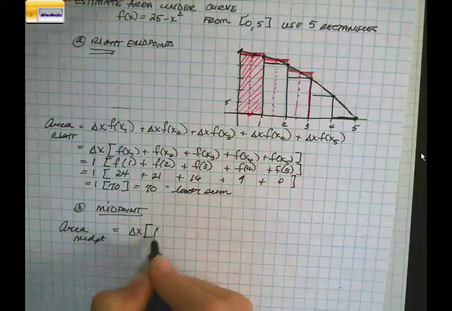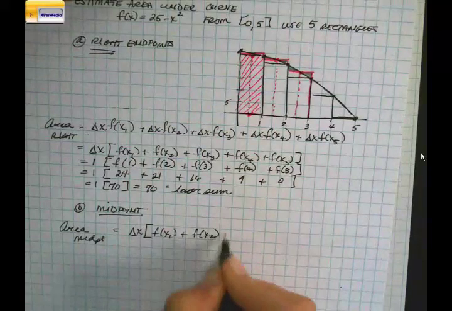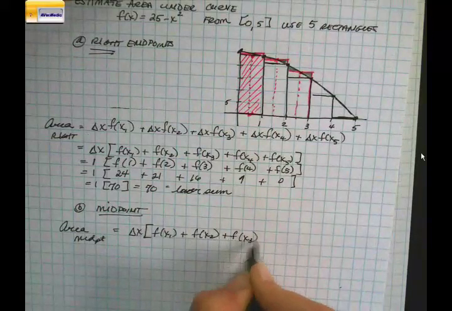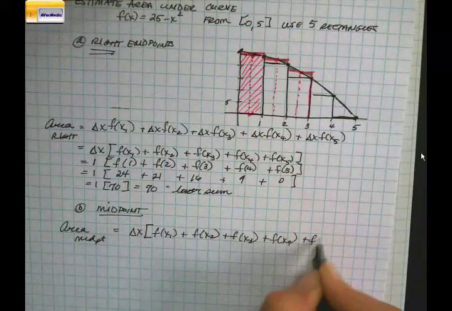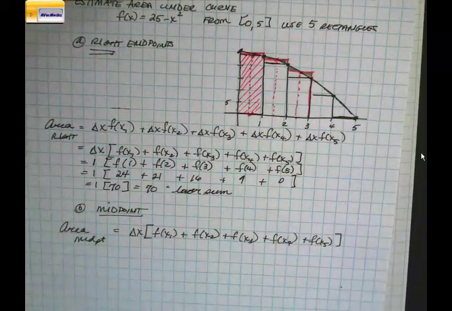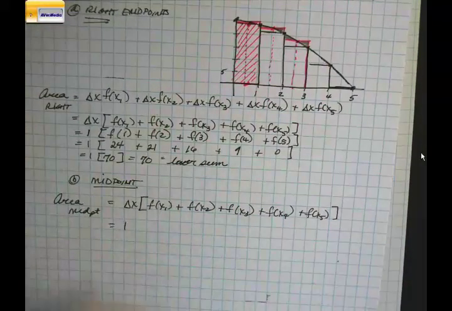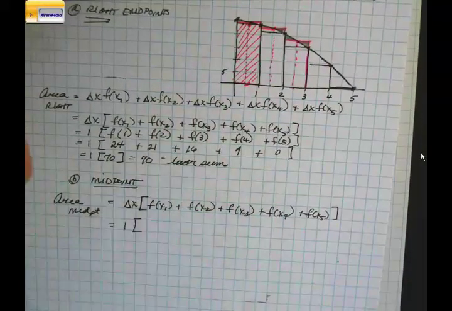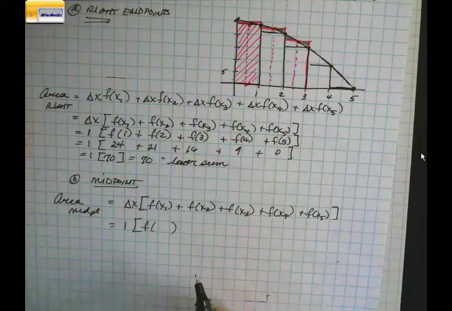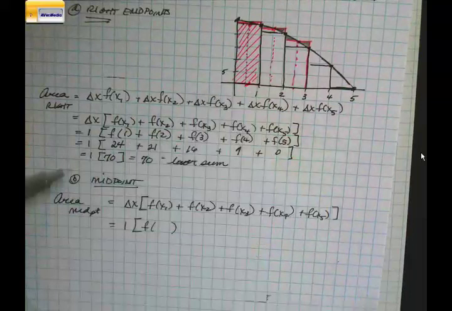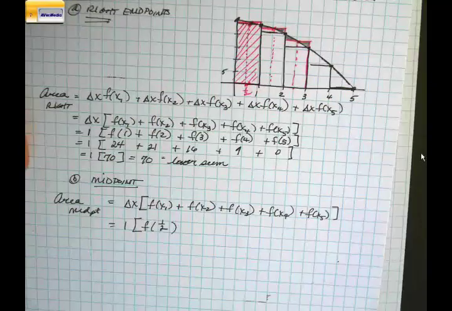But in here, these x values are going to be different. So here we go. Your delta x is 1. Your x is not 0 and your x is not 1. Your x value at that midpoint is 1/2.